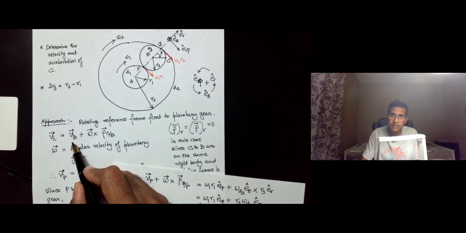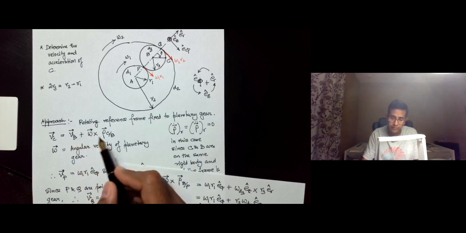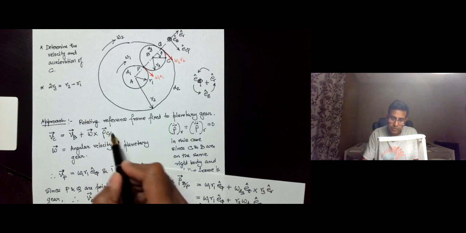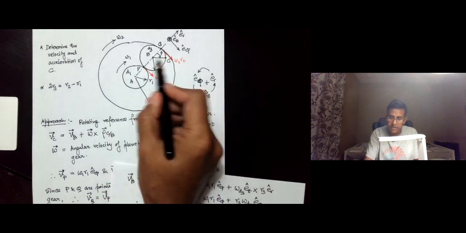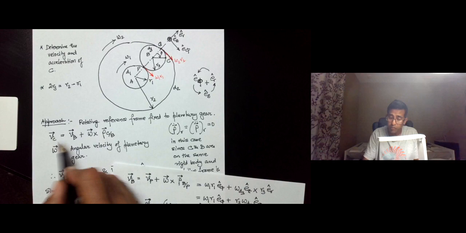Alright, so now going back to this original equation, you see we have now calculated what VB is. We have determined this, we have determined omega. Rho C with respect to B is quite simple. It's basically just this vector going from B to C. So now we are ready to actually calculate VC. So let us formulate it.